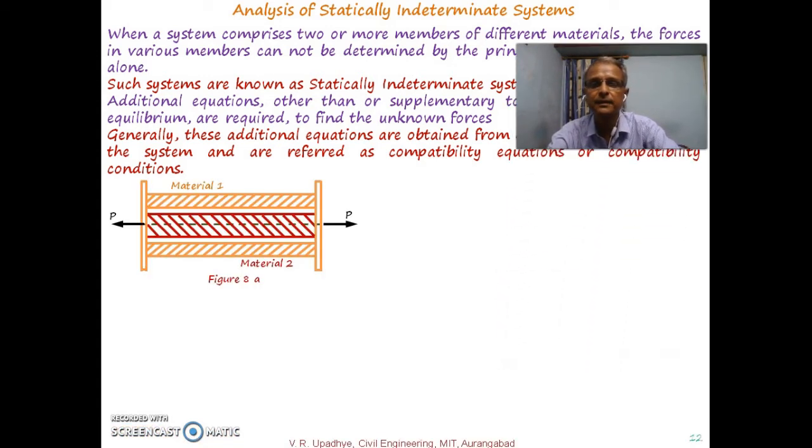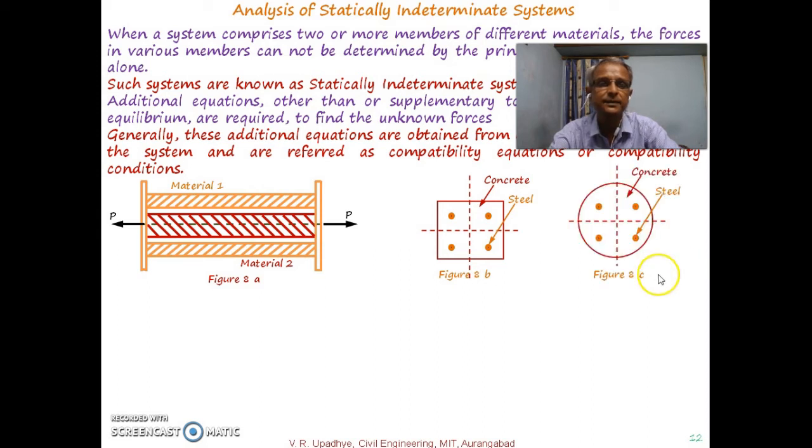Try to understand with these diagrams. Say for example, this is a column, circular column or square or rectangular column. Now what will be there in the column? We will be having two materials, one will be concrete and another will be steel reinforcement.